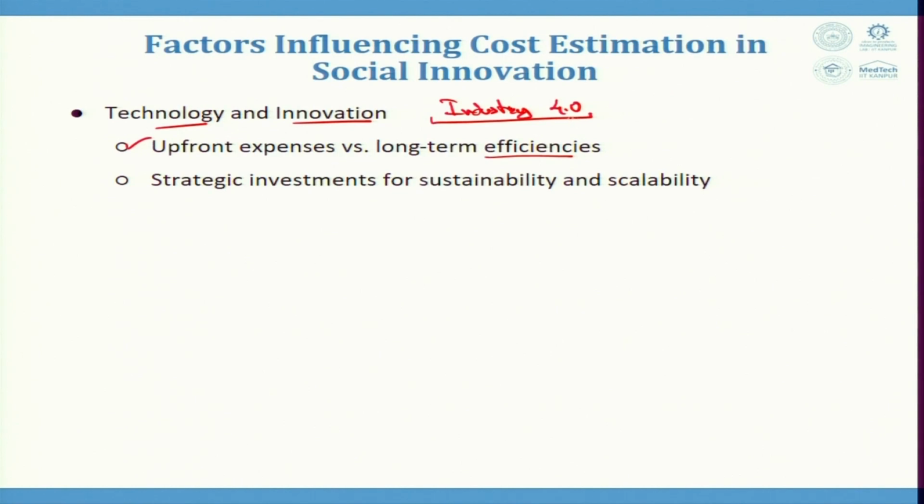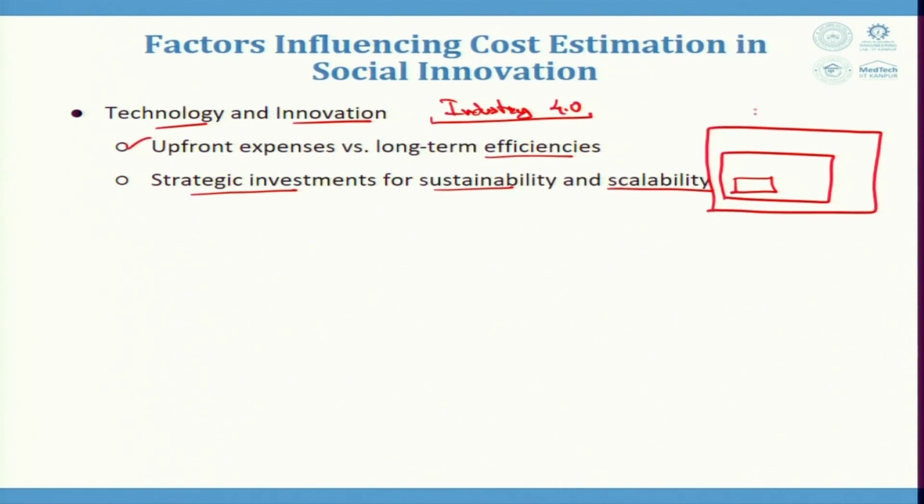That is why technological intervention for social innovation is of utmost importance nowadays. Strategic investments for sustainability and scalability. Scalability means you have a product that has reached the market today, it could be a subset of the bigger market, it could be for a subset of a complete country which can go global later.